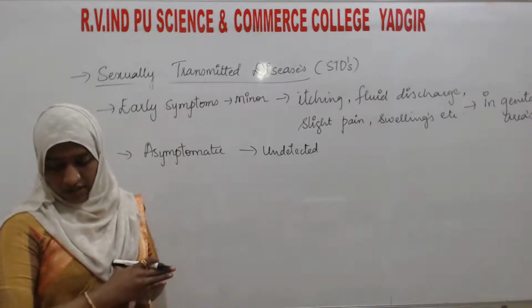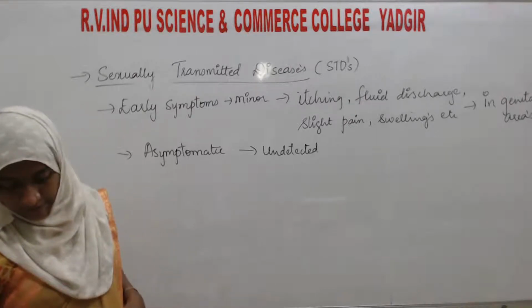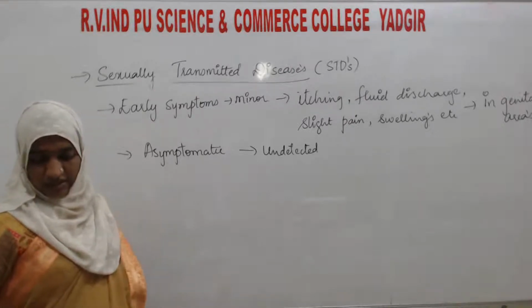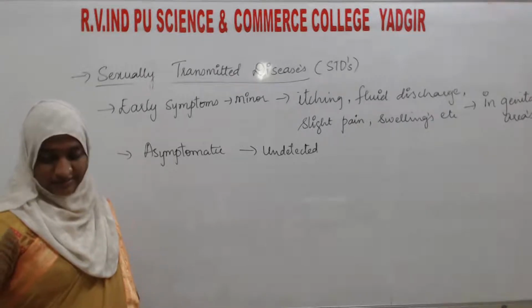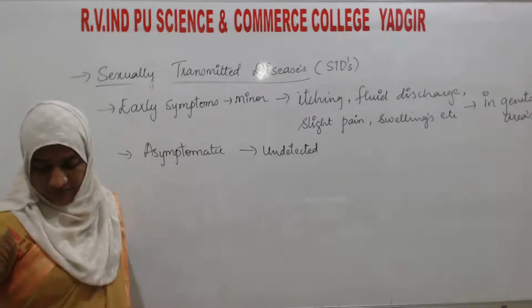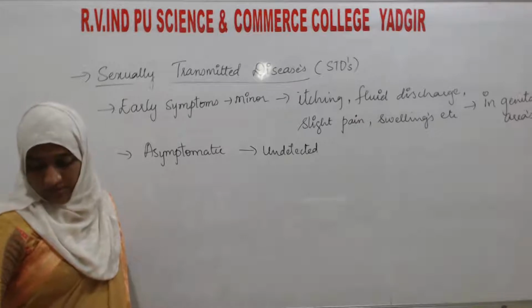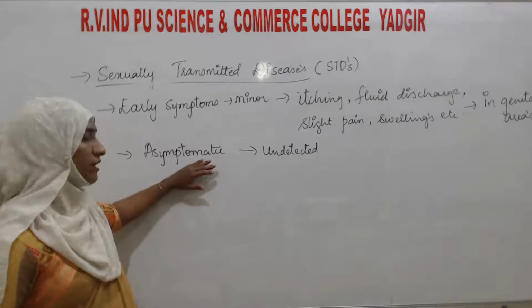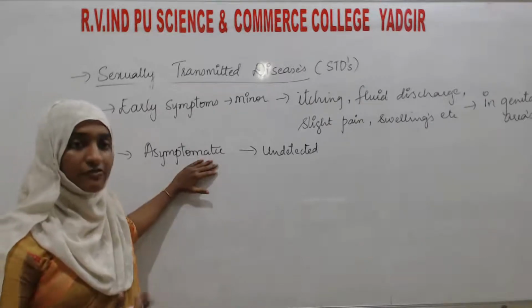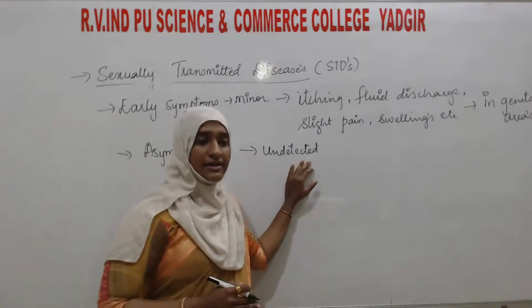So the absence of or fewer symptoms in the early stage of infection, and the social stigma attached to STDs, deter the infected person from going for timely detection and proper treatment. If symptoms are less or absent, it will be undetected.